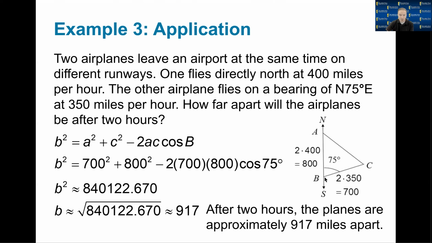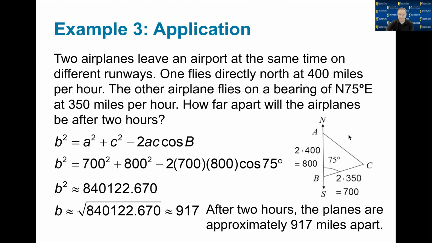So anytime you know two sides of a triangle and the angle between them, it's easy to find the other side. The third side of this triangle is going to be the distance the two planes are away from each other after 2 hours. So no problem.